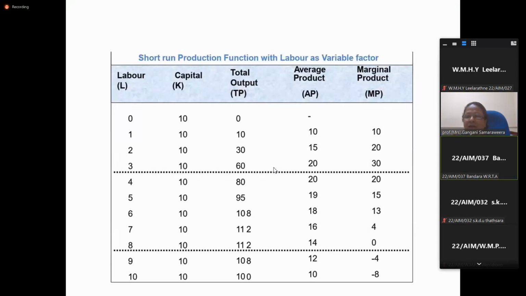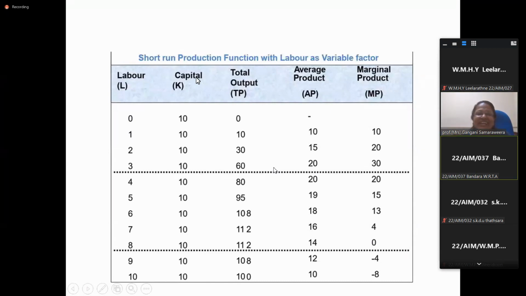Which type of use of capital are you asking? Yes, the capital K. Yeah, that's not a fixed value. Very good question. You are asking why I use K for capital?